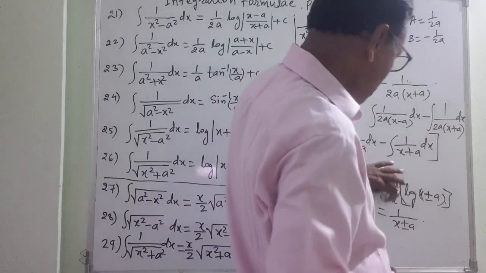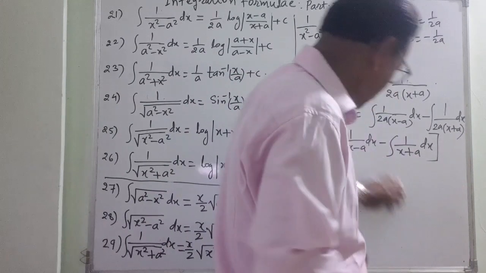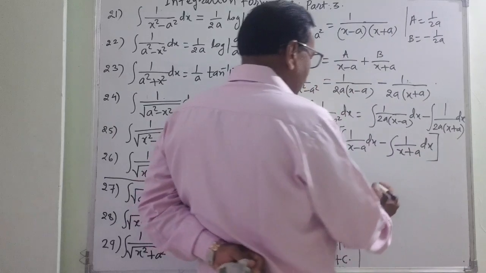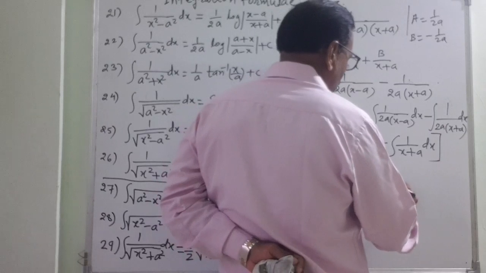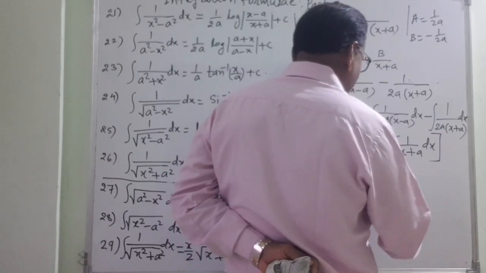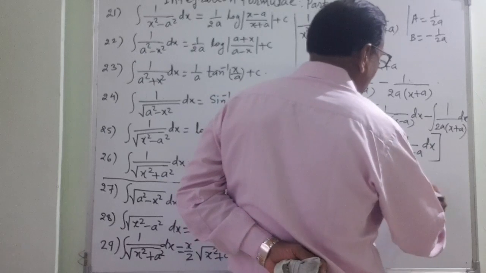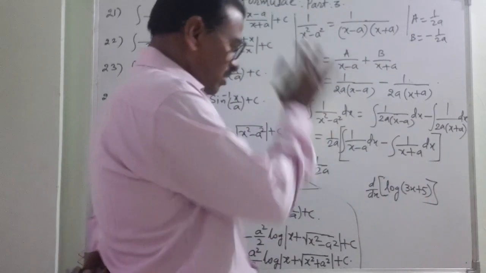Now from this only I have to refresh another topic of derivative. d by dx of log of 3x plus 5. What would be the derivative of this? Along with this integration, I have to complete this also.